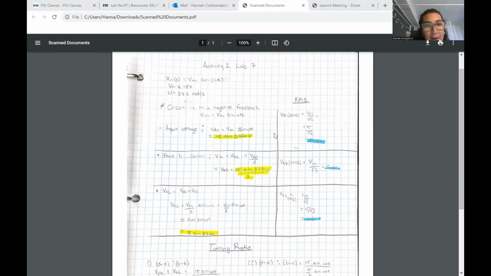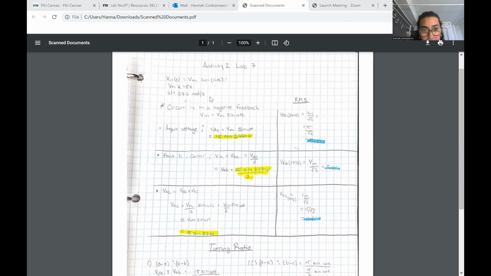So basically, for this, the circuit is a negative feedback loop. Right here we have all the givens. Our Vm has to be less than or equal to 15 V, and our omega has to be equal to 377 radians a second.